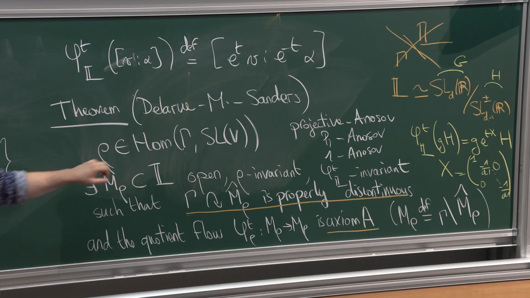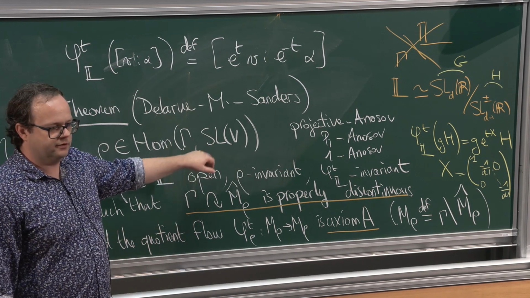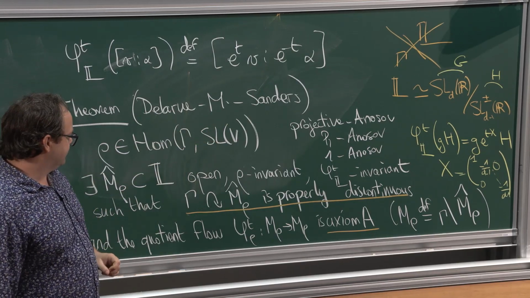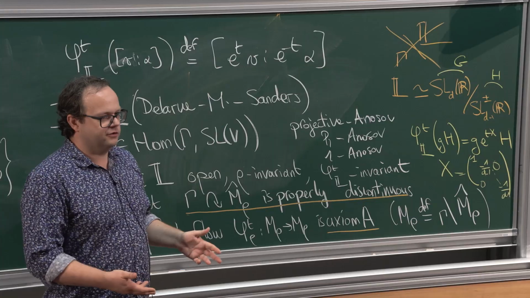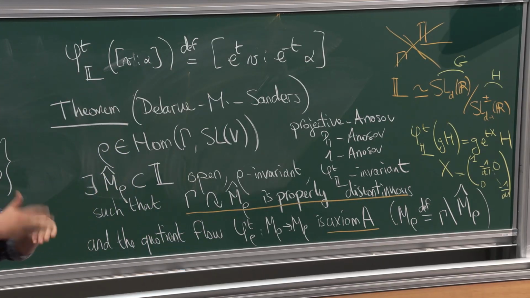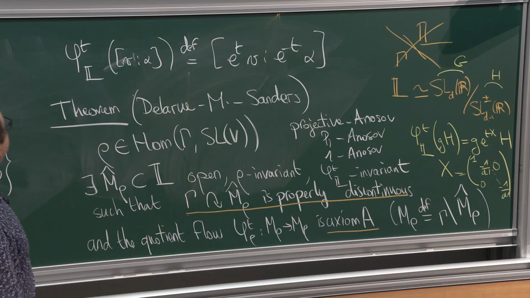Because here, if gamma were to be Z, you have a notion of Anosov, and then M rho hat will definitely not be unique, because there's a choice of an orbit in one direction corresponding to an element gamma in the group, and another one corresponding to gamma inverse somewhere else. But that's probably not worth spending too much time on.